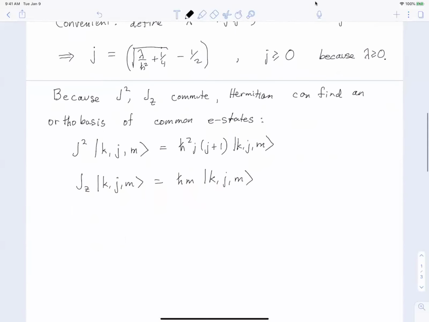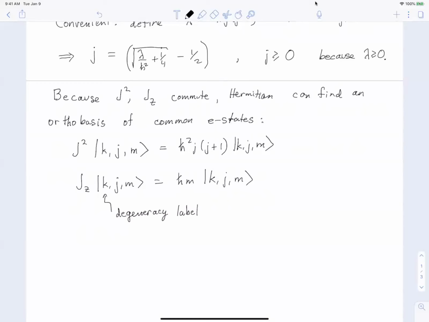Okay, so what are these labels? j is the label for the j squared, m is the label for the eigenvalue for j sub z, and k, whatever it is, and we're not going to be specific about it for a while, is some degeneracy label. It just reflects the fact that there's no guarantee that if I tell you what j and m are, that will uniquely determine the state.